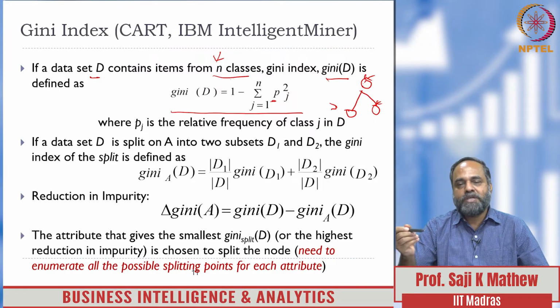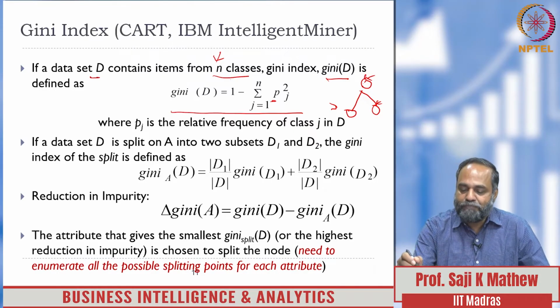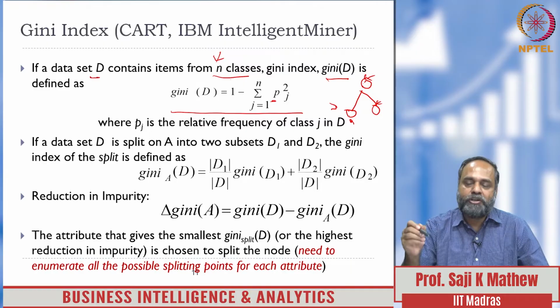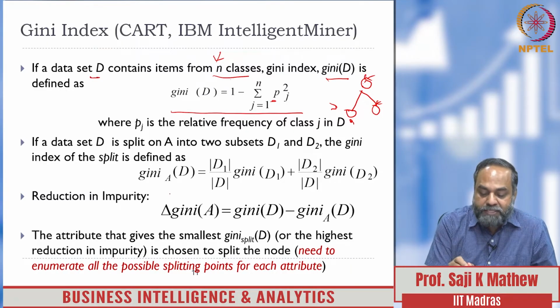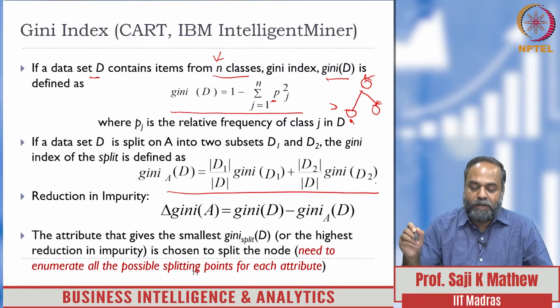The decision tree algorithm seeks to maximize the purity of a split, and therefore there has to be an overall measure of a split, not the Gini score of a single node but the combined purity, and that is given by the next formula.